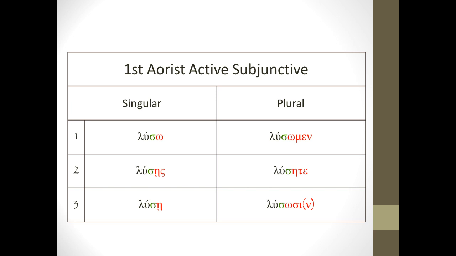Plus, once again, 9 times out of 10, you will have a red flag word immediately preceding your subjunctive verb, which will be, again, your indicator that you have a subjunctive verb following in the sentence. So yes, the first person singular of the first aorist active subjunctive could pose some problems. However, that red flag word, the hina, would be your clue here that you are dealing now with an aorist active subjunctive first person singular.